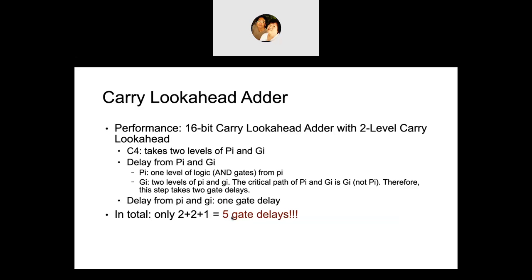This is the simple analysis. From the equation of C4, the capital C4 is again a two-level AND-OR, right? In a two-level AND-OR, it takes two gate delays, and because Pi and Gi are one gate delay as we discussed, in total the circuit takes only 5 gate delays for the 16-bit carry lookahead adder, instead of a 12 gate delay.